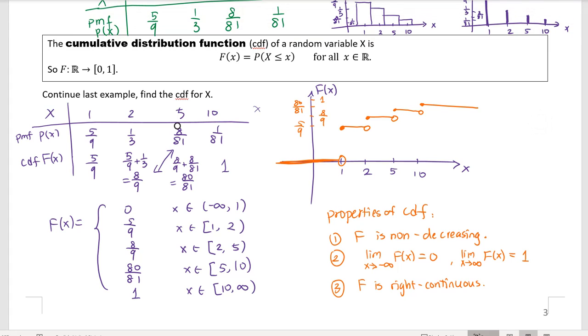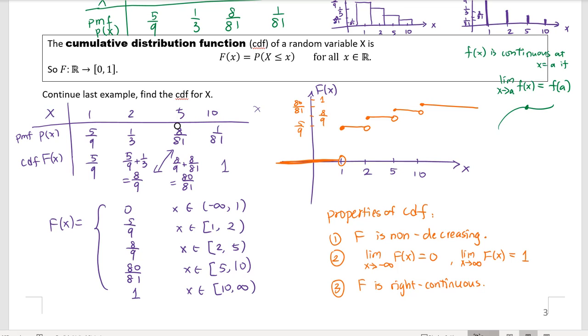F of x is continuous at x equals a if the limit as x goes to a of f of x equals f of a. So this is continuous, which means there's no hole there.